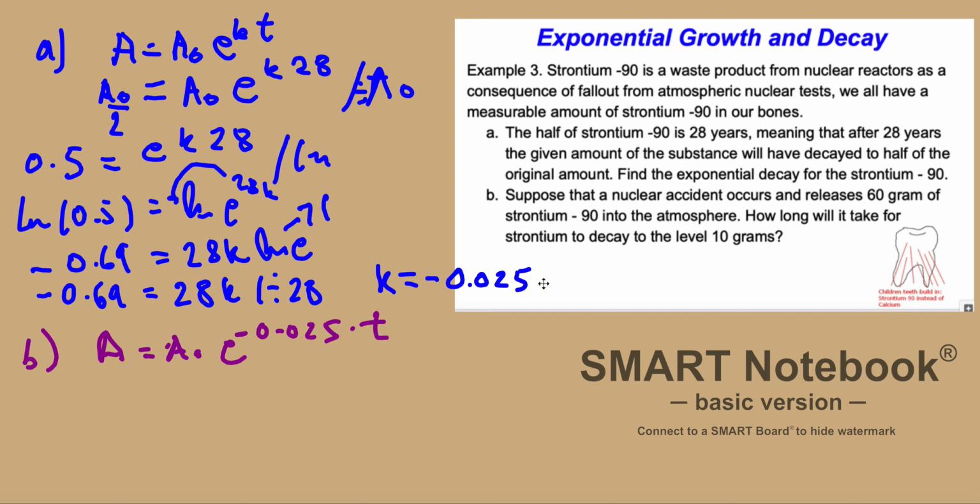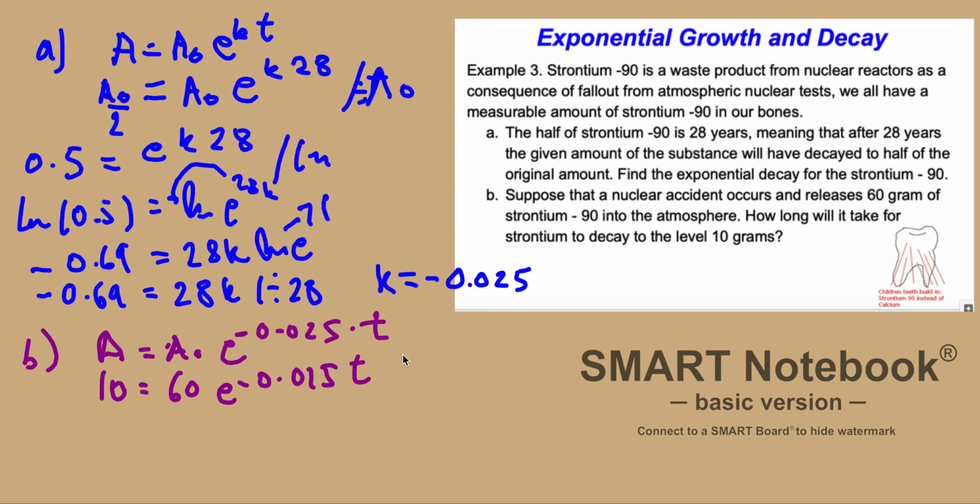We want to know how long it takes to decay to 10 grams. A is 10 grams and A0 is 60 grams. We want to calculate the time t.